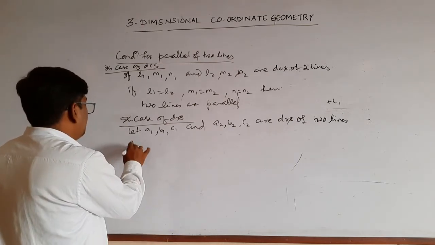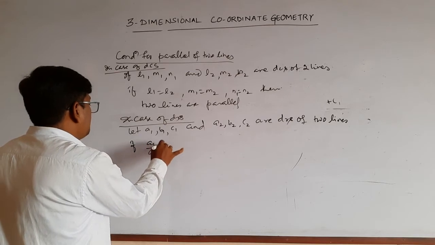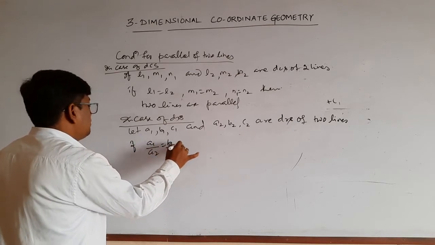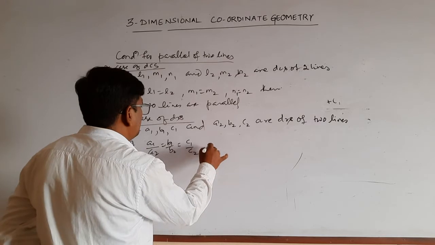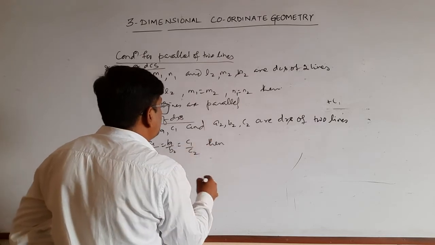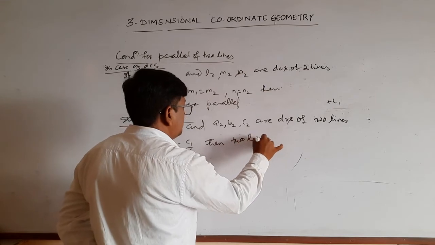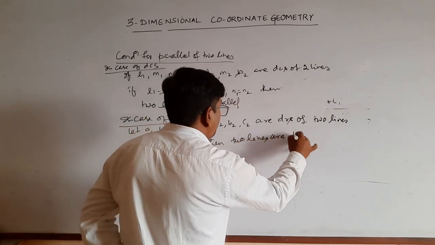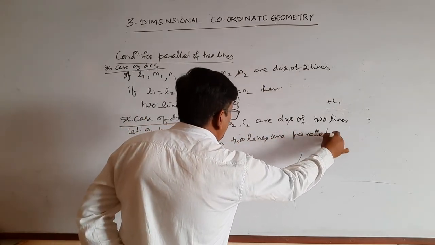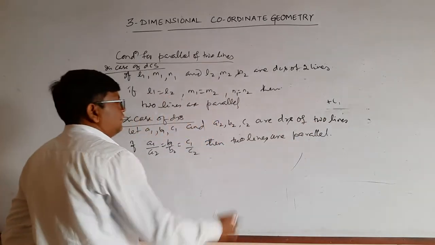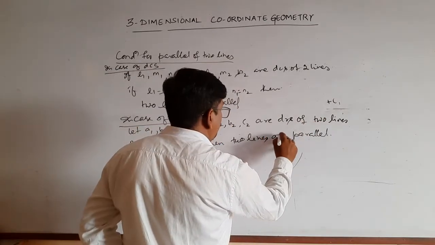If A1 by A2 is equal to B1 by B2 is equal to C1 by C2, then the two lines are parallel.